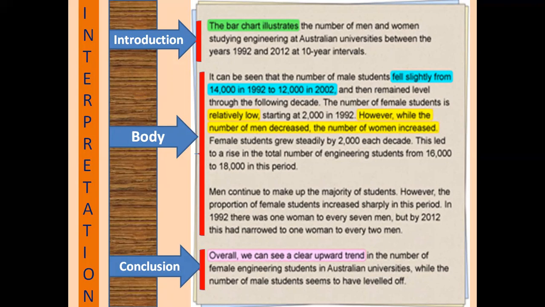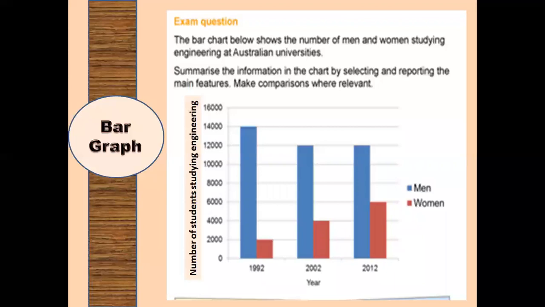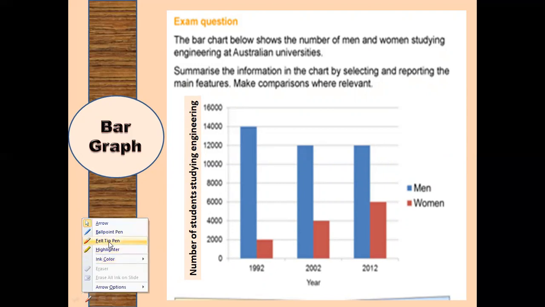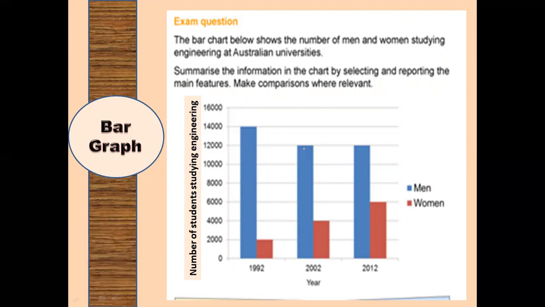Decades means the next 10 years; it remained level. Level means same. As you can see here, this is the same in 2002 and 2012.